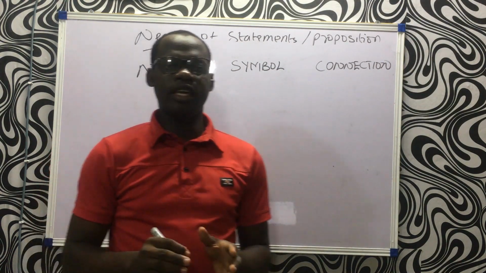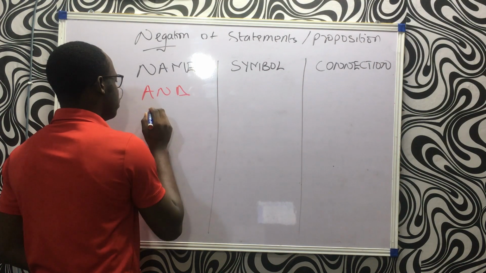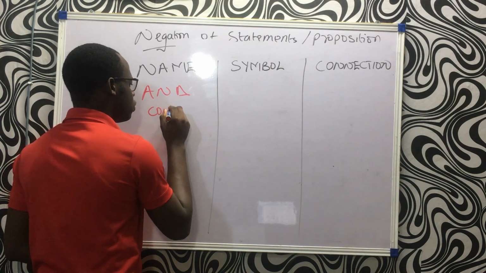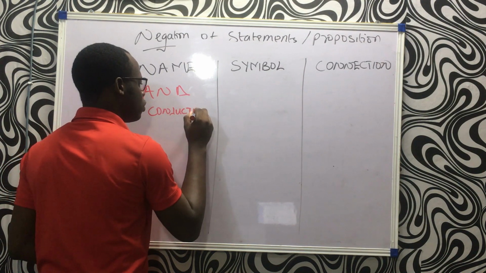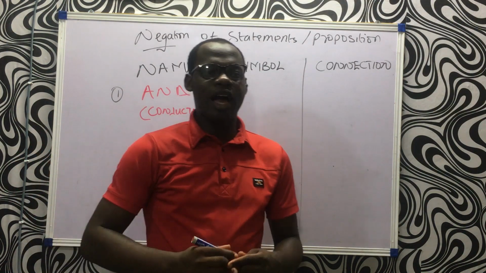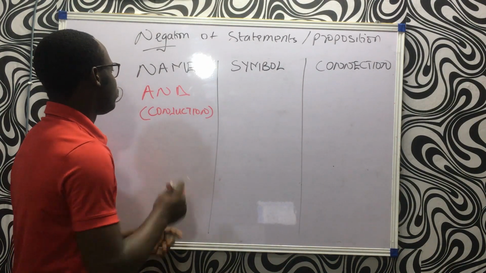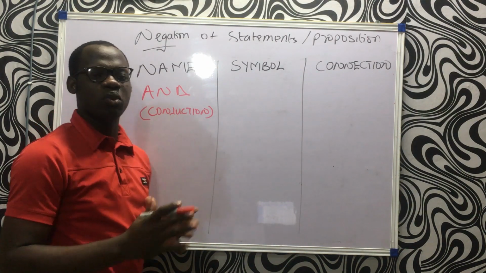So take the name, the symbol, and the connection. Number one, we have conjunction. We have and. It deals with what?